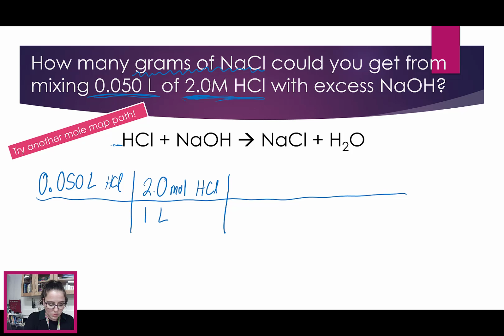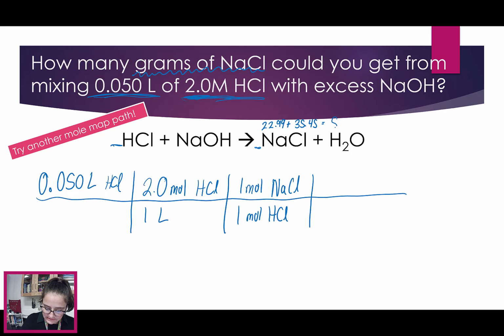Then it is a 1-to-1 ratio. Okay, for every 1 mole of HCl, I get 1 mole of NaCl, okay? Again, using those mole ratios. And then we still want to get to grams, so last but not least, I need the molar mass of NaCl, which is 22.99 plus chlorine is 35.45. So you add those together.